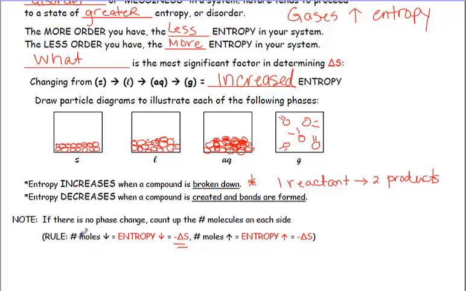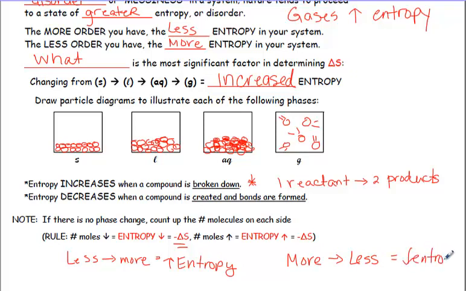So less to more would mean a greater entropy, an increase in entropy from left to right, and then more to less moles would be a decrease in entropy. Less things to make messy, right?